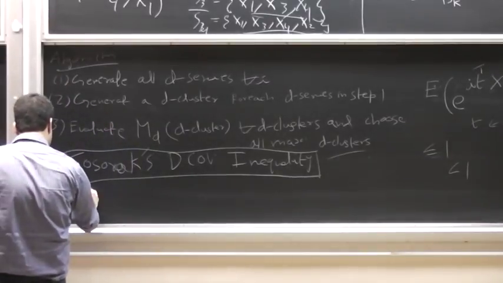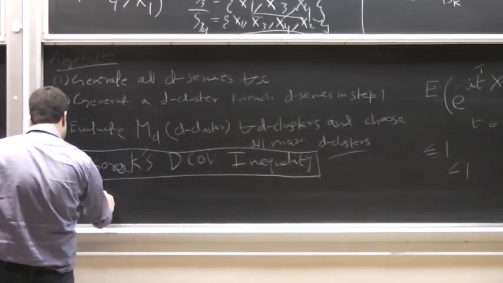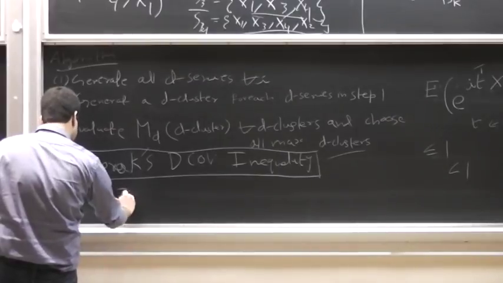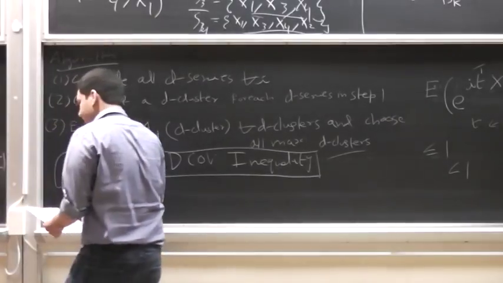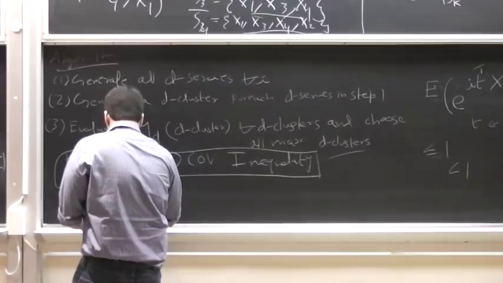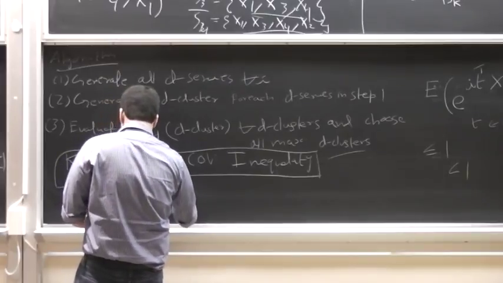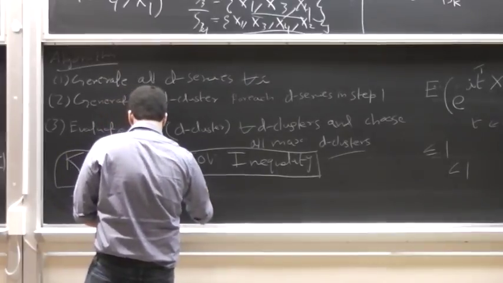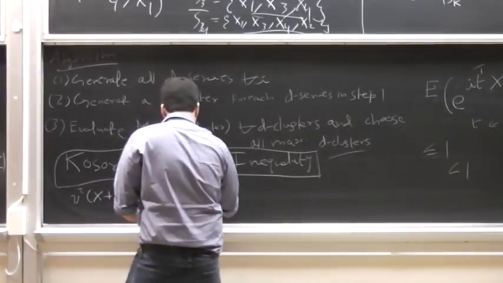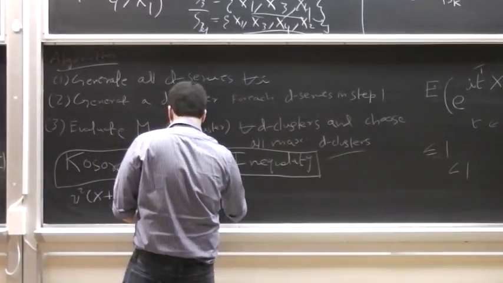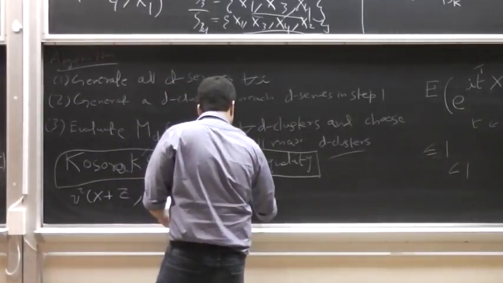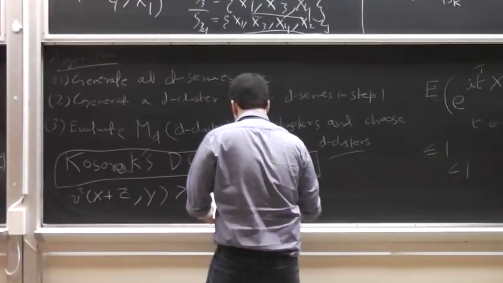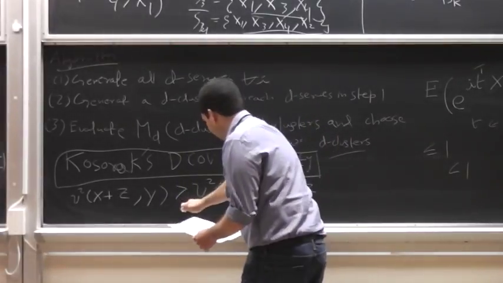It says the distance covariance of x plus z, this is a proper addition, not a set union, comma y, is greater than the distance covariance of x comma y, if this is a proper greater than.